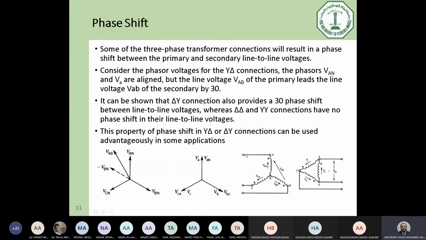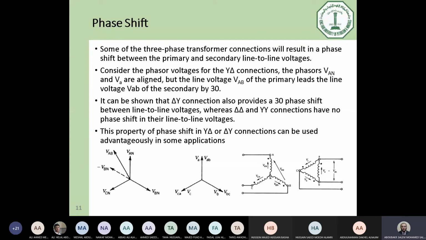However, comparing to the line voltage applied to the primary winding, which is VAB here for instance, VAB of the primary winding is at this angle, and VAB in the second winding is at that angle. So there is phase shift between input and output voltage. Okay, guys, is it clear?